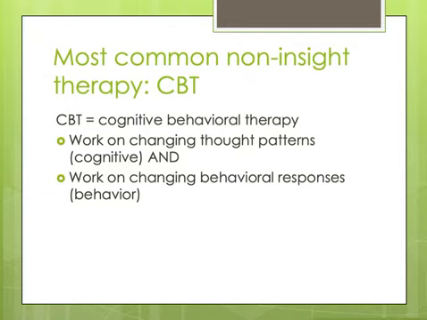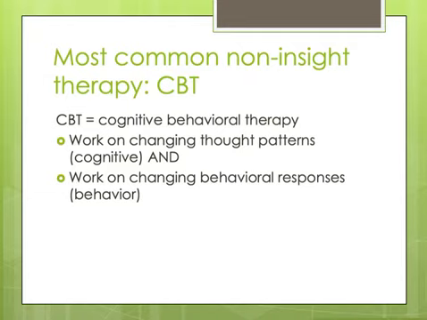So if you're dealing with depression, maybe you're going to work with your therapist on changing your thought patterns when something goes bad. How can I think about it as being temporary, more specific, as opposed to global and long-lasting? And I'm also going to do certain behaviors differently. When I'm feeling sad or blue, instead of just retreating to my bed where I'm going to sleep all day, which is my natural inclination, I'm going to force myself to behave differently.